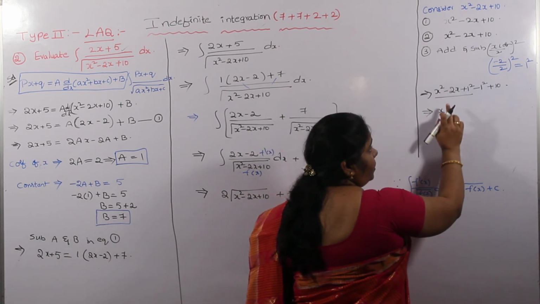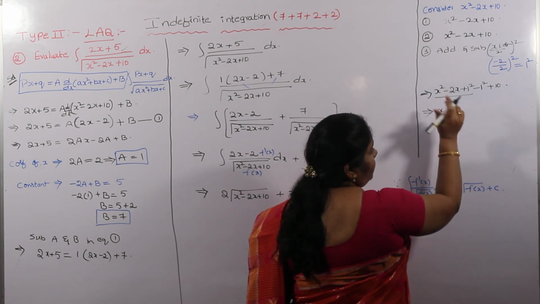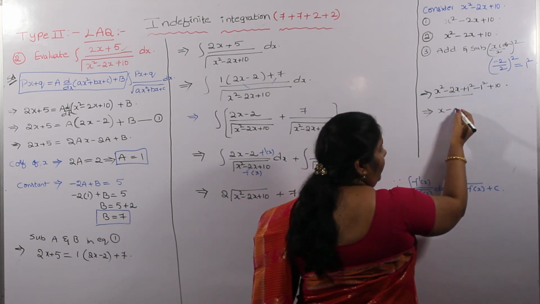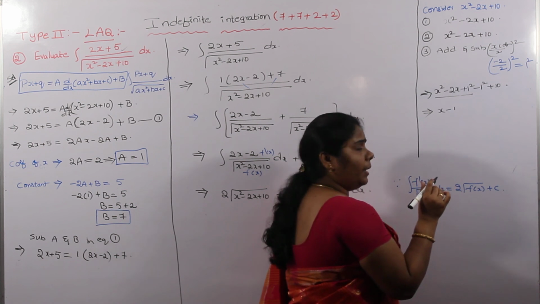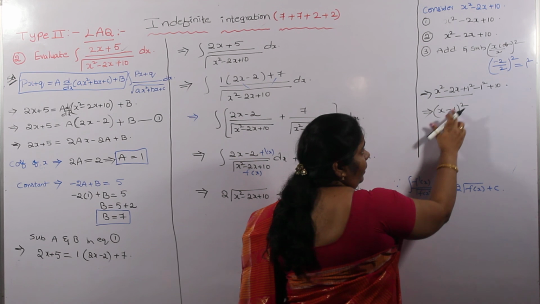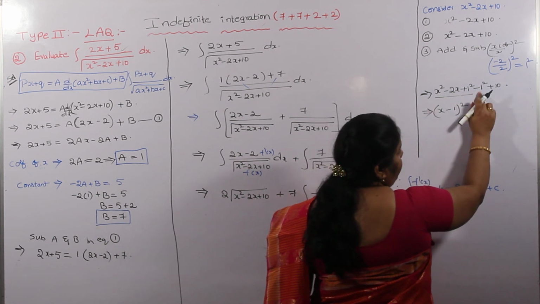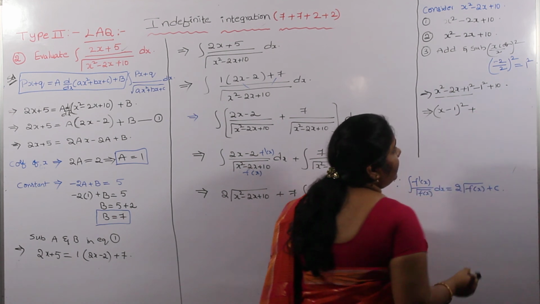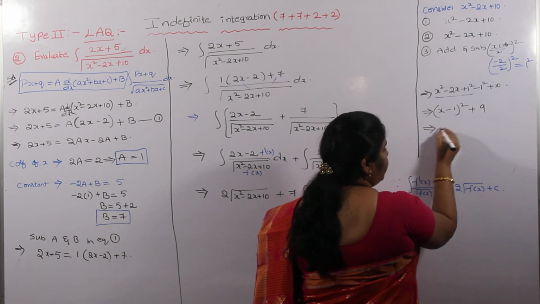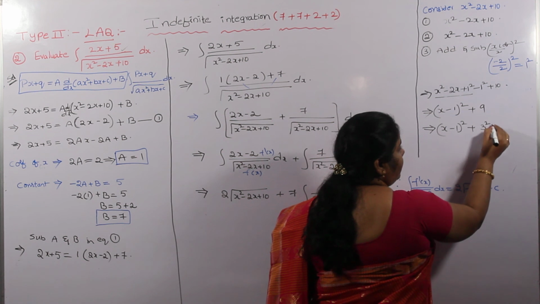Here x coefficient is negative, so we take a negative. After that, the number we added goes directly, whole square. Check it: a square plus b square minus 2x. Remaining is minus 1 plus 10, which is 9 only. So this expression becomes x minus 1 whole square plus 9, which can be written as 3 square.